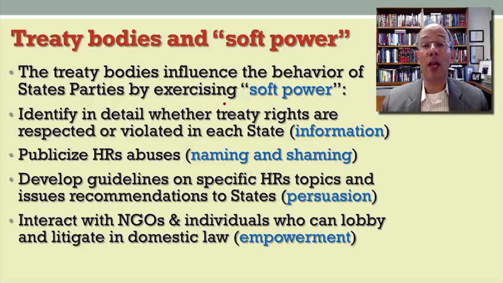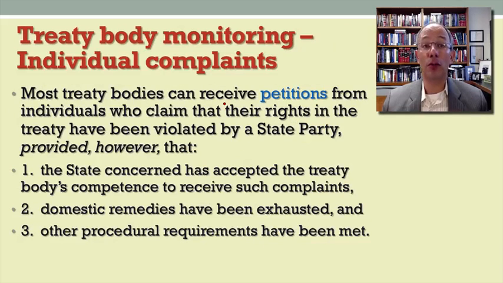And they also interact with NGOs and individuals who, in turn, can lobby or litigate against states in domestic legal systems. And this is, I would say, a form of empowerment. So you can see here that some of the ideas behind at least two of the schools of international relations theory, liberalism and constructivism, appear to support the influence that treaty bodies may have with regard to the behavior of governments.